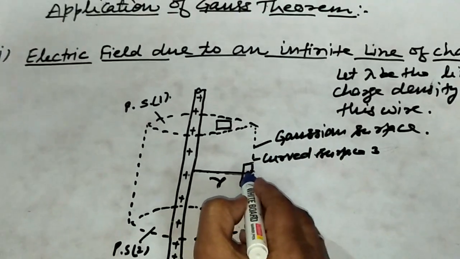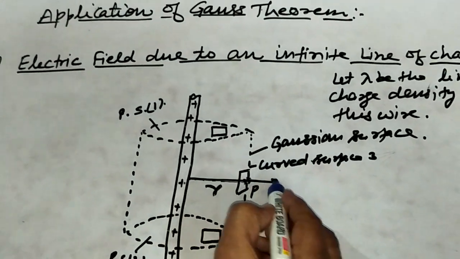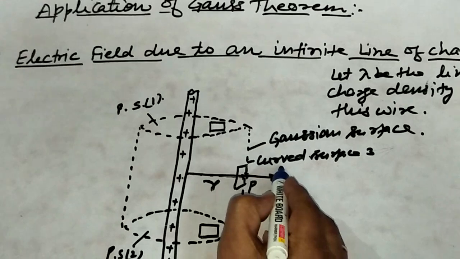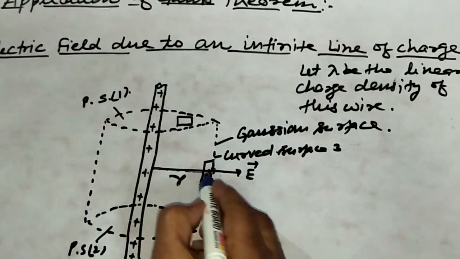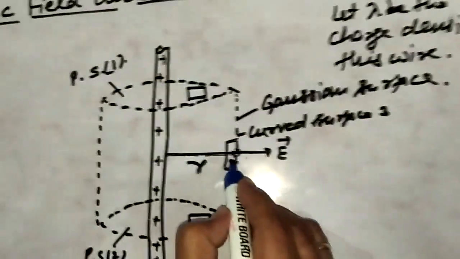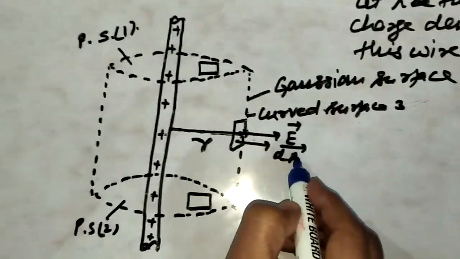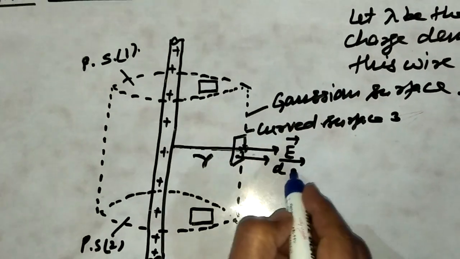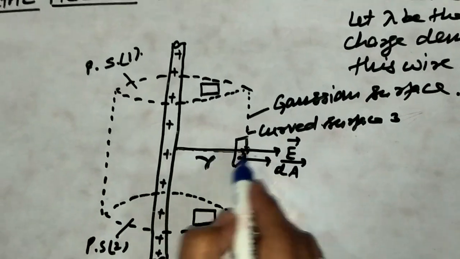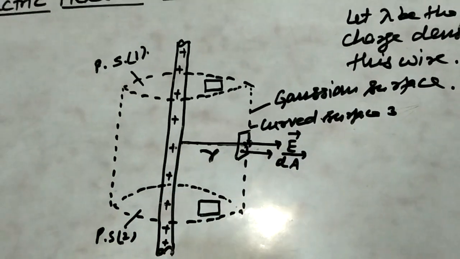So at this point P, the electric field is outward, and the area vector of this small element will also be outward. It means the electric field and the area vector of this curved surface both act in the same direction.